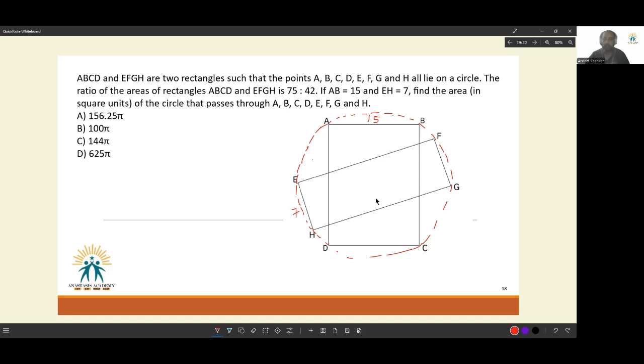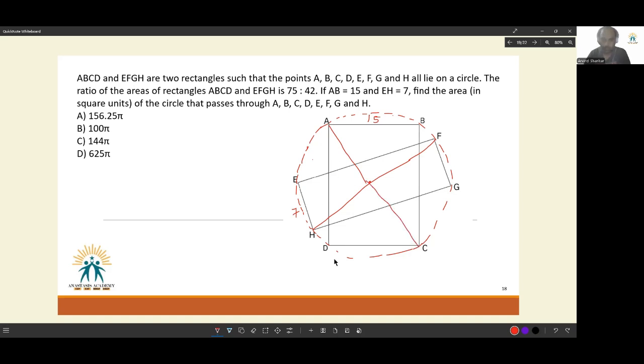I think I have done much better than I expected to, but okay. Now, this will be the center of the circle. Now, these are rectangles. So the diagonal of this rectangle will be the diameter of the circle. Both these places.